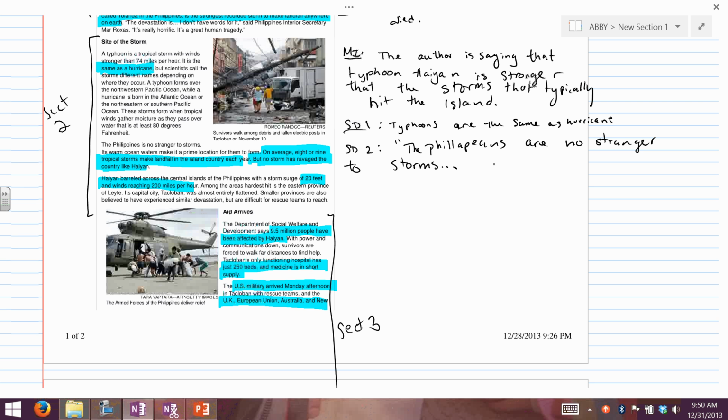On average, 8 or 9 tropical storms make landfall.